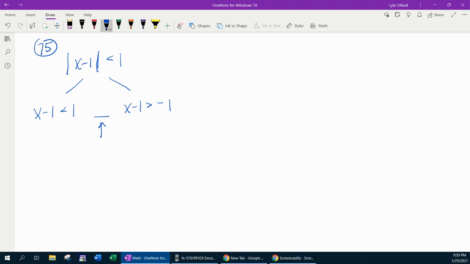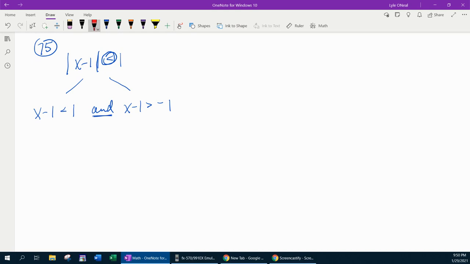It's either going to be and, or it's going to be or. And what determines the word is the original inequality. Less than is and, greater than is or. And it will make a difference if you get this wrong. You have to get the right word there.